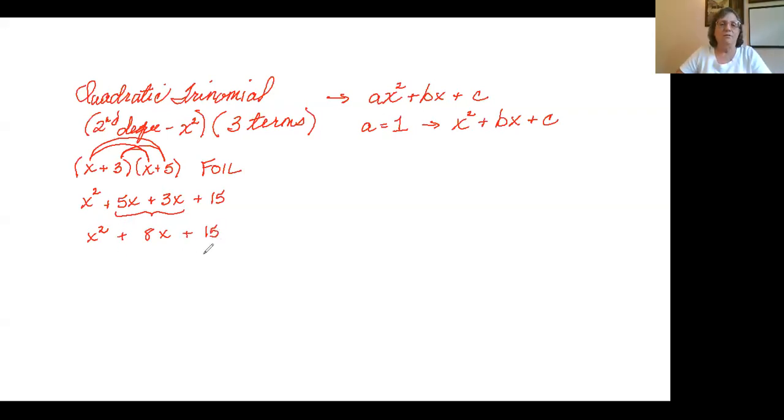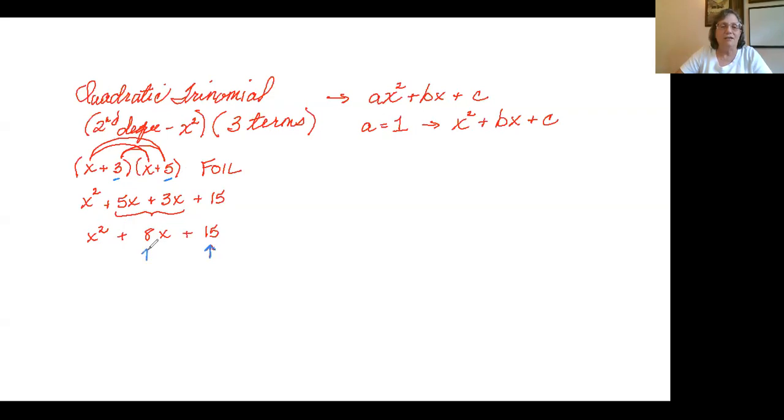So what we're looking for is how to go in reverse from this. The 15 comes from multiplying the 3 and the 5 together. A positive 3 times a positive 5 is a positive 15.